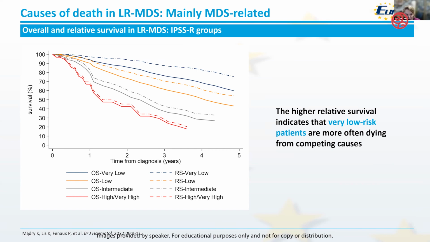And as you can see, the red line shows patients with very high IPSS score, and because the solid line and the dotted line overlap, it's shown that once you take into account the background mortality, most patients with very high IPSS are dying from the disease. In contrast, those with very low, there's a gap between the solid blue line and the dotted blue line. So most patients who are dying with very low IPSS are dying from other competing causes. And that's the only thing you can do with relative survival.